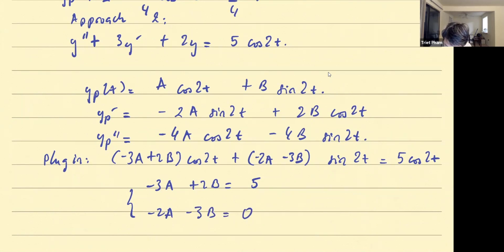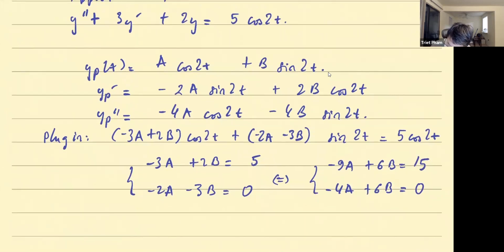So, okay, if you multiply the first one by 3 and the second one by 2, I run into trouble, right? Because here I got 13a is minus 15 over 13.